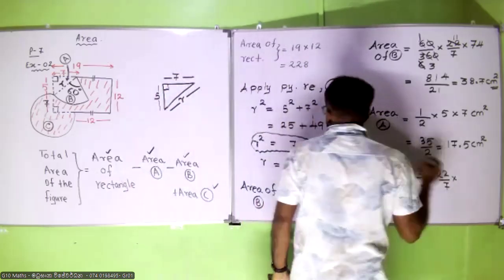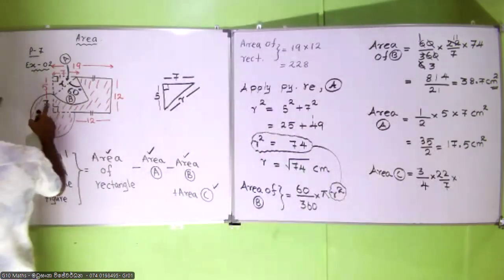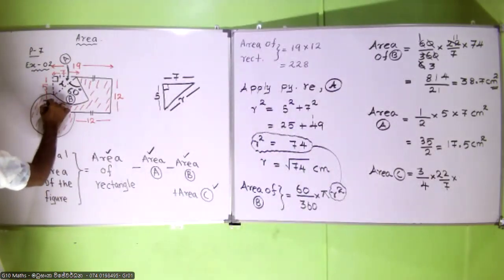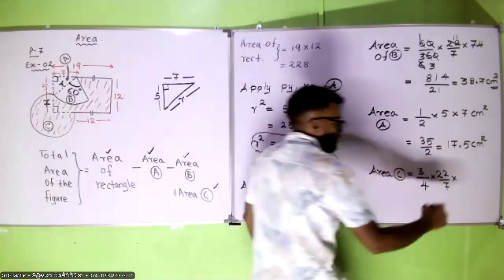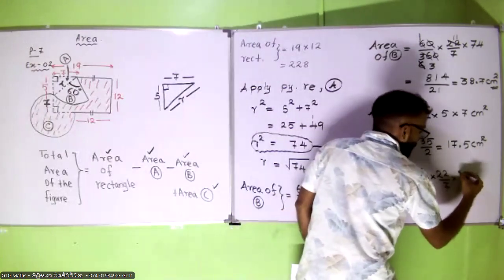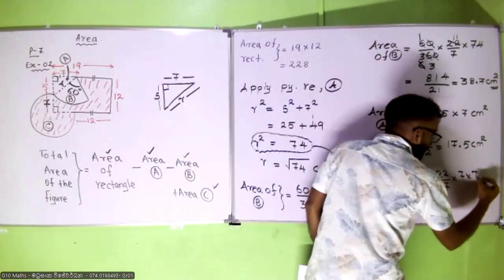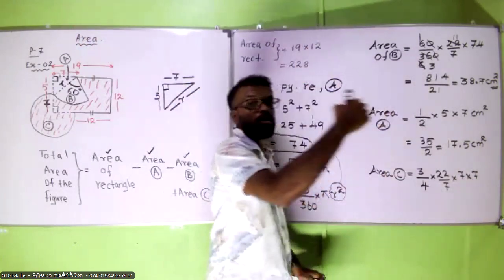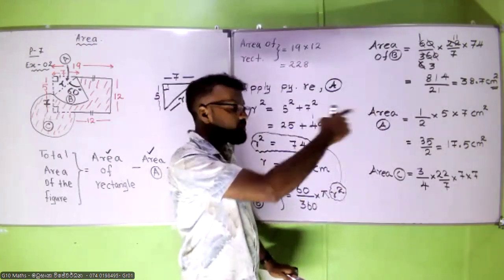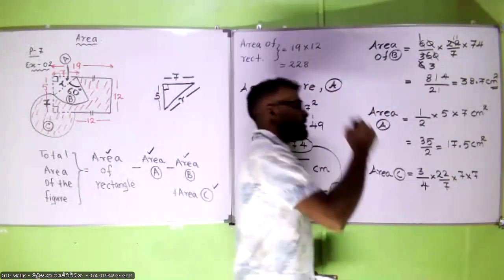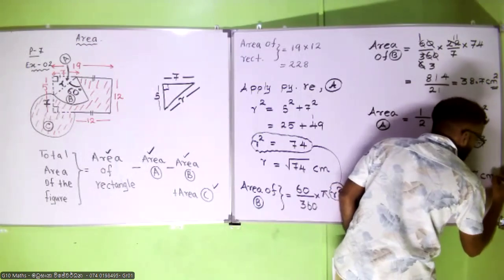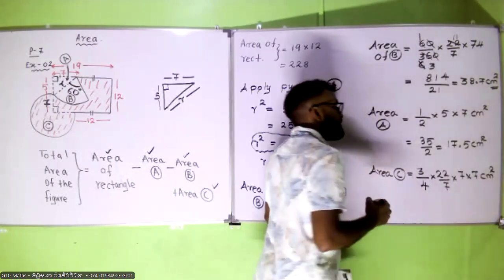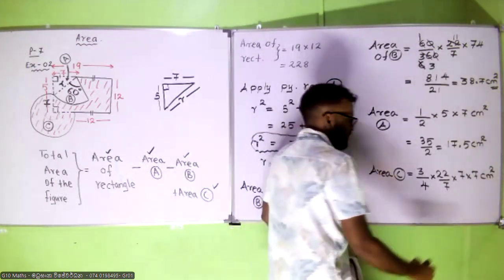Radius r is 7 centimeters. Pi r squared, 7 times 7, because r squared is r into r. Unit is square centimeters.